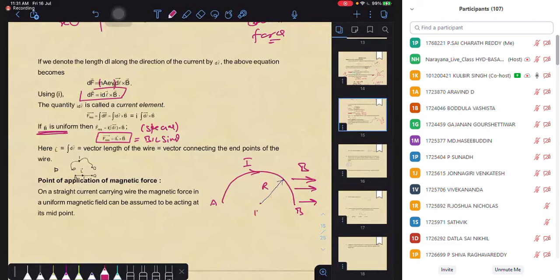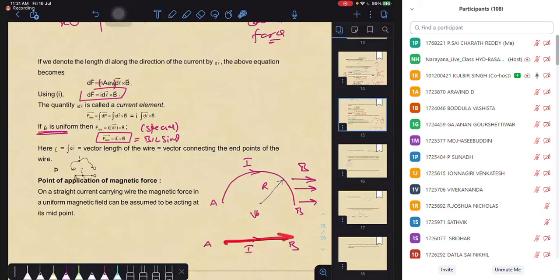So I can replace this whole structure with a single wire AB. The force experienced by the single wire AB is the same as the force experienced by this curved wire AB. How can we replace it? We can replace it if B is constant. If B is not constant, then you can't do it. So under a constant magnetic field, I can replace the curve with a straight wire.